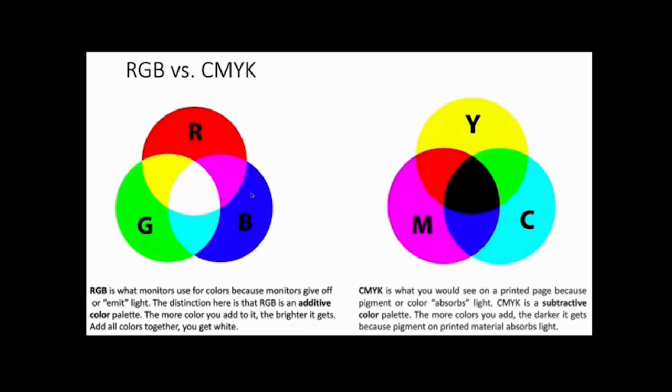So if you are working in Photoshop as we are here, we're really working in an RGB space. Now, if you have a picture that is going to be printed, it will need to be switched to a CMYK space. But if you're working on anything that is going to be on a screen or in video or anything like that, you're going to work in an RGB space.